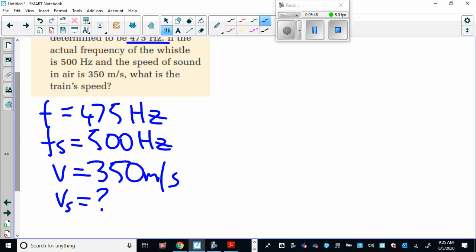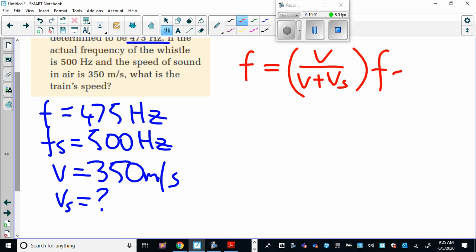Okay, so let's do it again with the formula manipulation. This time we're solving for Vs. So again, the first thing we're going to do is divide both sides by fs.